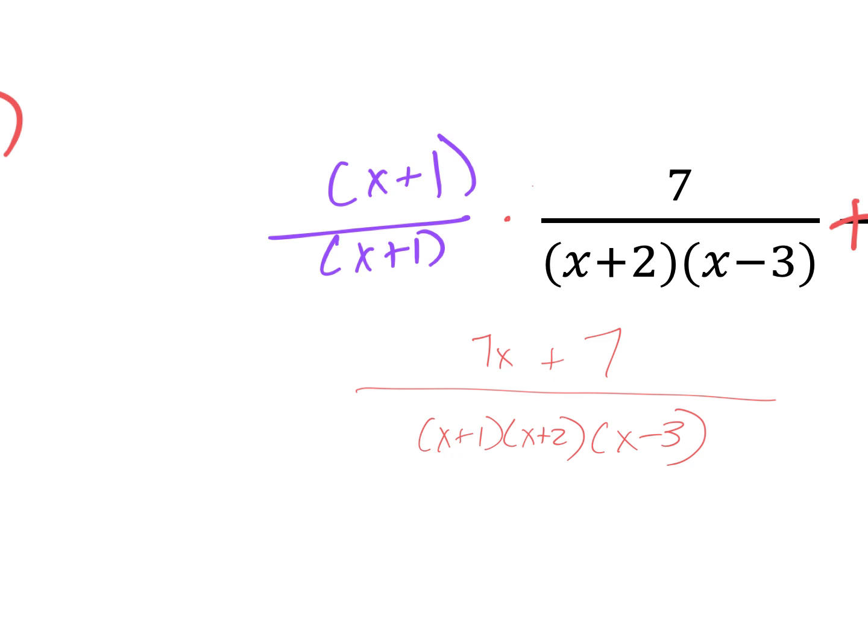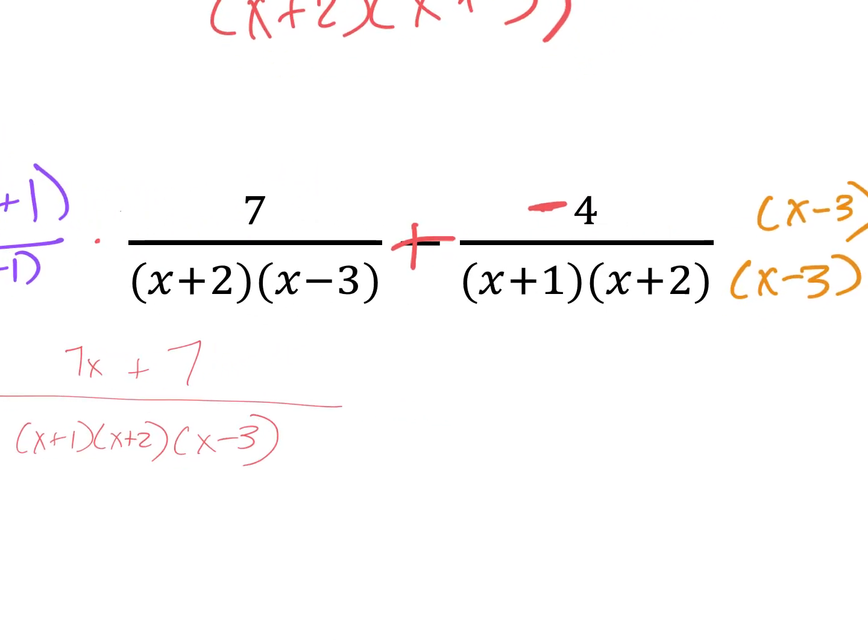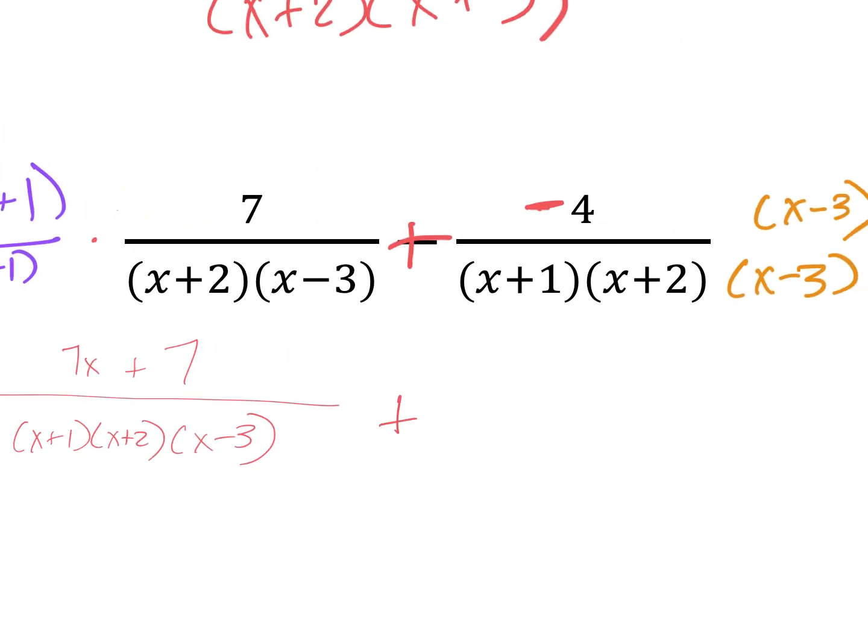What about for the second fraction? Negative 4x plus 12 over x plus 1, x plus 2, x minus 3.